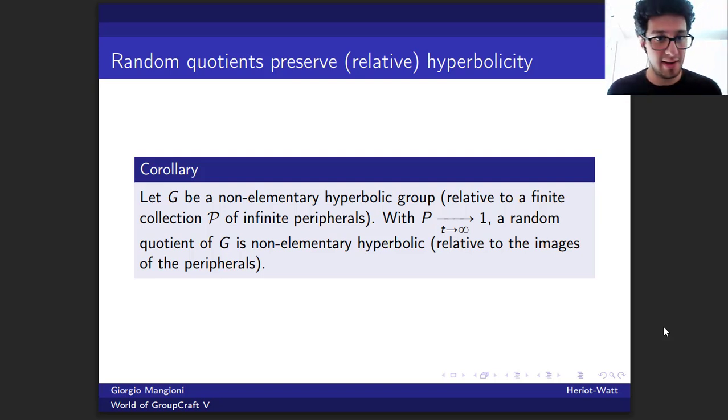So in the same setting, if you have a non-elementary hyperbolic group relative to some collection of peripherals, then a random quotient of this group is going to be, again, non-elementary hyperbolic relative to the same collection of peripherals, with probability approaching 1 as t goes to infinity. And for hyperbolic groups, this might follow from a theorem of Dahmani, but it was never explicitly written, and it should be completely new for relatively hyperbolic groups.